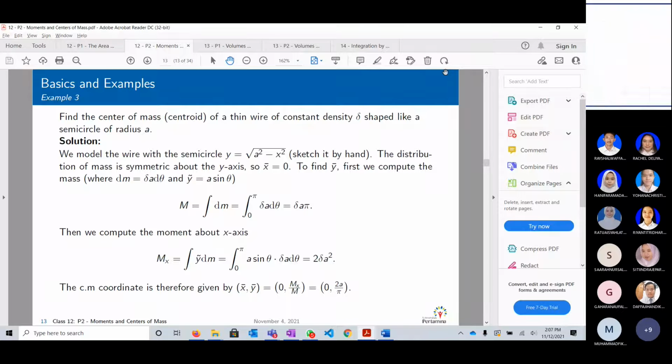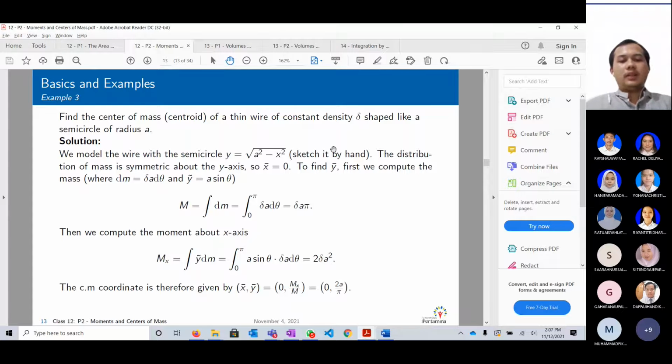But now the problem is that in a thin plate we have area, basically. But if we have a wire, the area below the wire is empty. So the way to compute the center of mass or the centroid is a little bit different. I will show you here how to compute it.